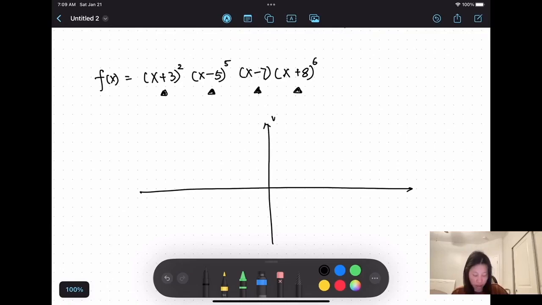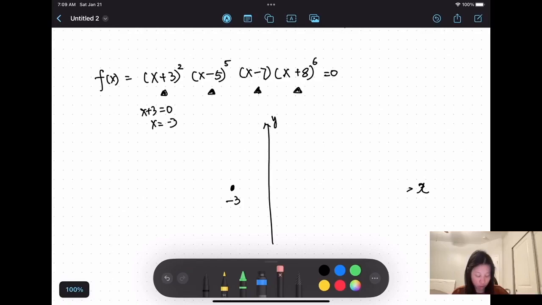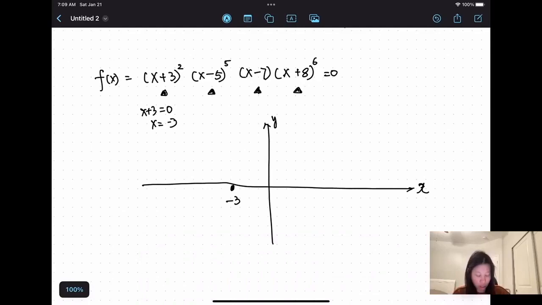We set the equation equal to 0 to find the x-intercepts. x plus 3 equals 0, then x is equal to negative 3. So we have our first one here. Another one is x minus 5, so another x-intercept is at 5. And then 7 and negative 8.